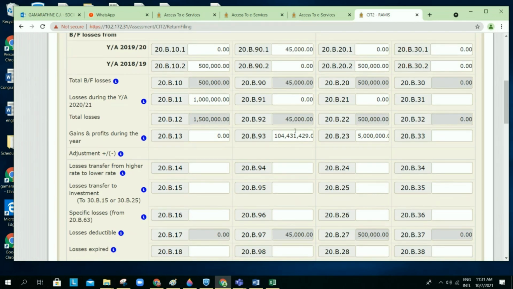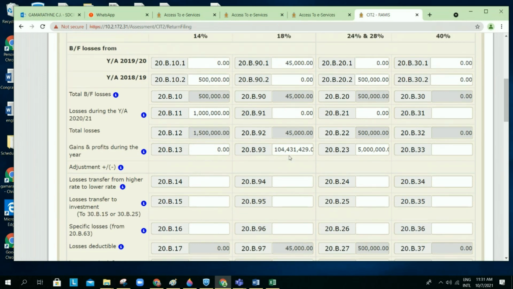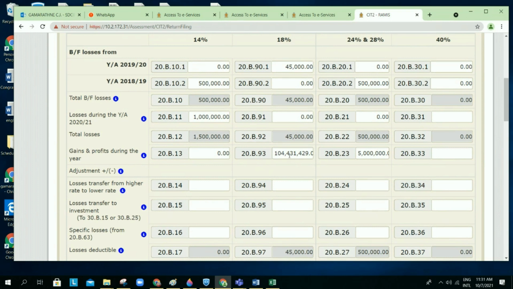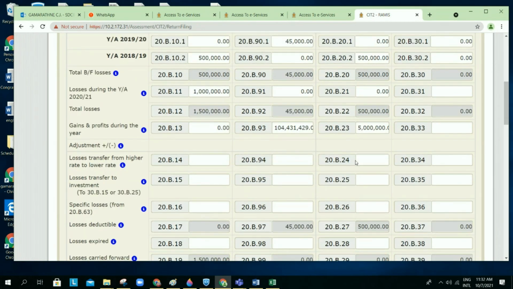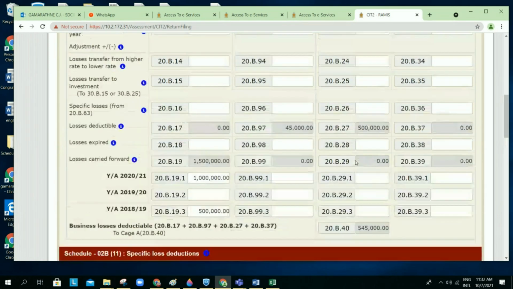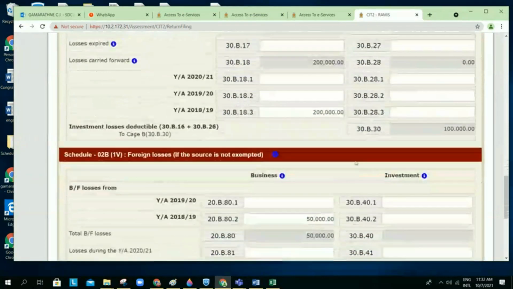The gain and profit we captured from schedule 2A. I will show it when we go to schedule 2A. Then in schedule 2A we have profit.